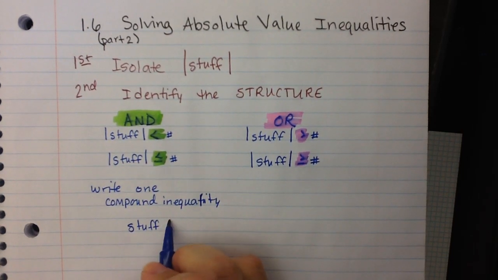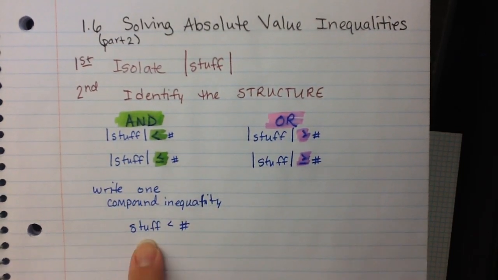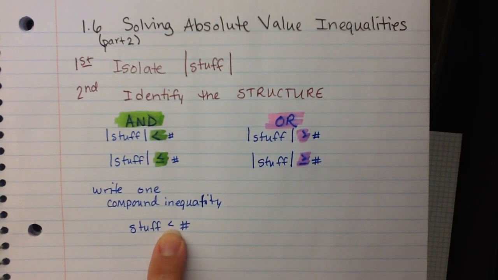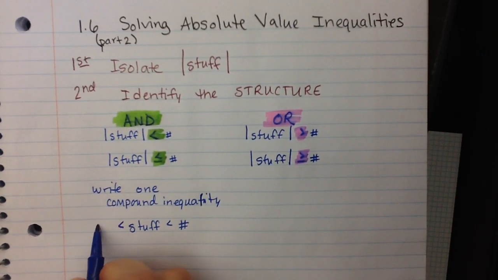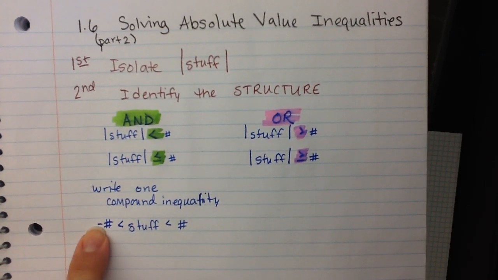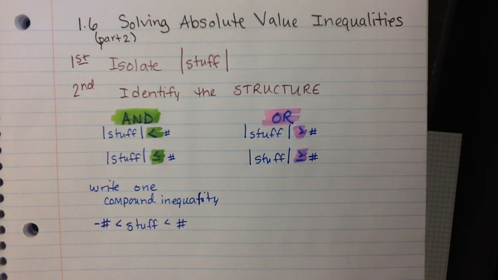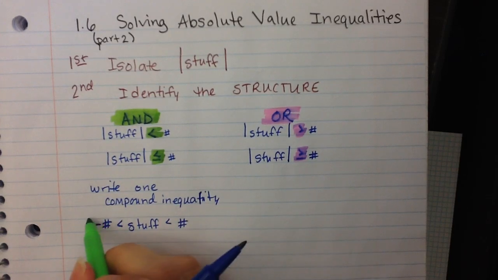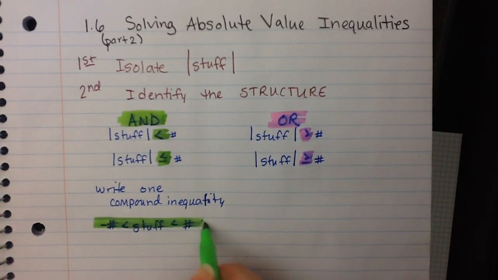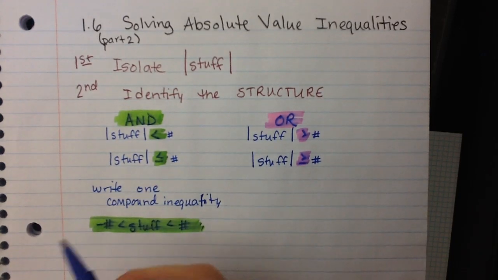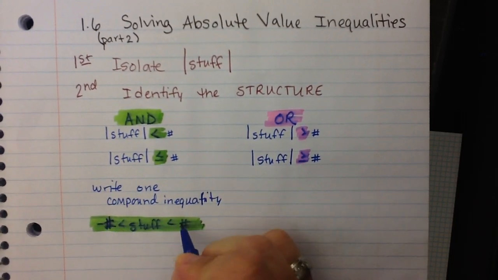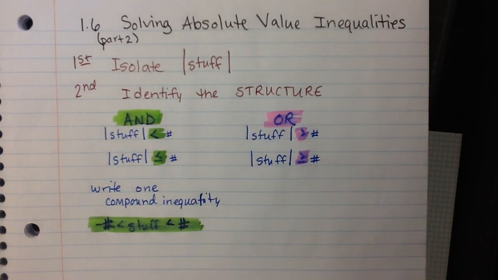And you're going to keep that less than or equal to, depending. So this may be a less than or equal to. And on the other end, you're going to put a greater than, and then the opposite of that number. So on an AND, we're going to have one single inequality where our stuff is trapped in between a negative number and positive number.